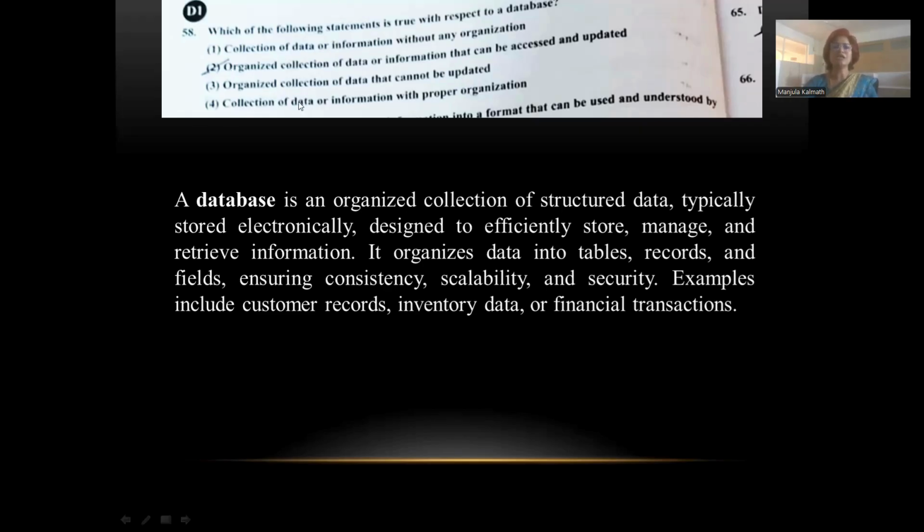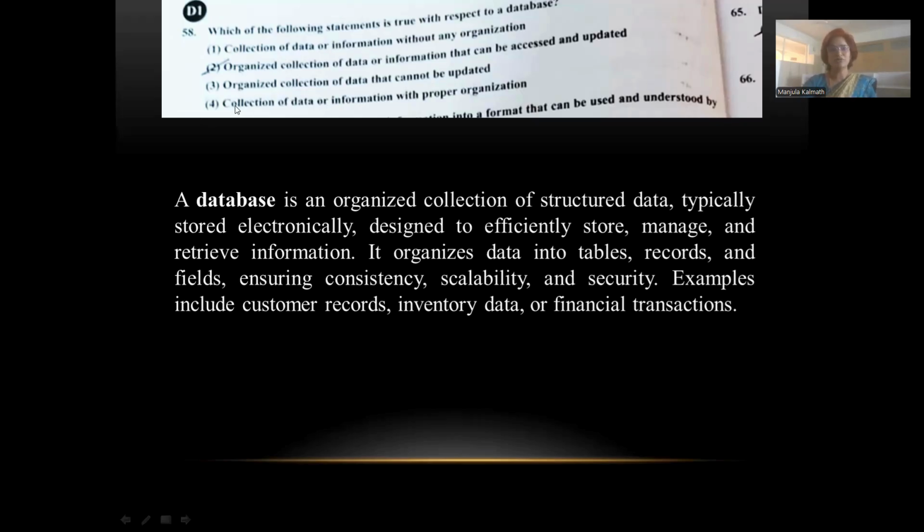Then next we have a collection of data or information with the proper organization. Information means that it is processed data. The database's task is to collect only the data, not to process and store the result.